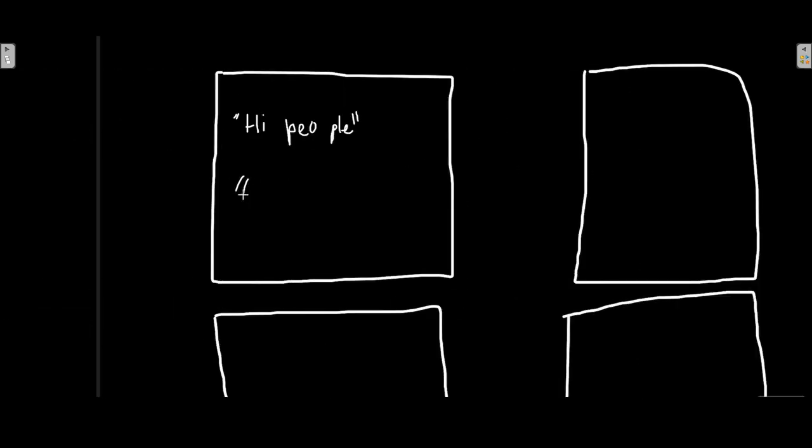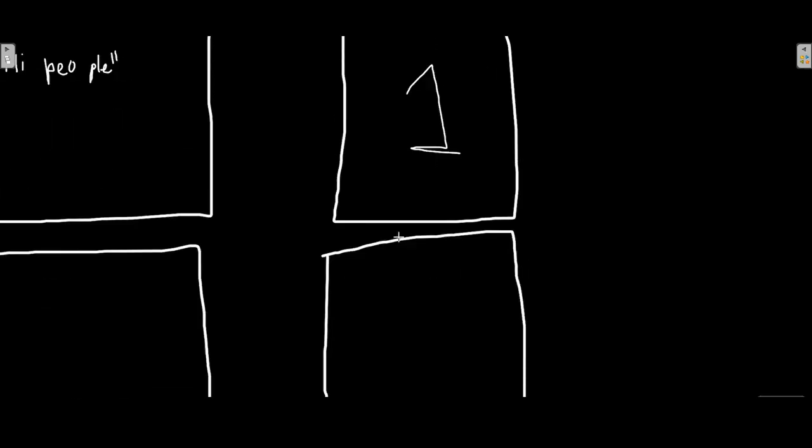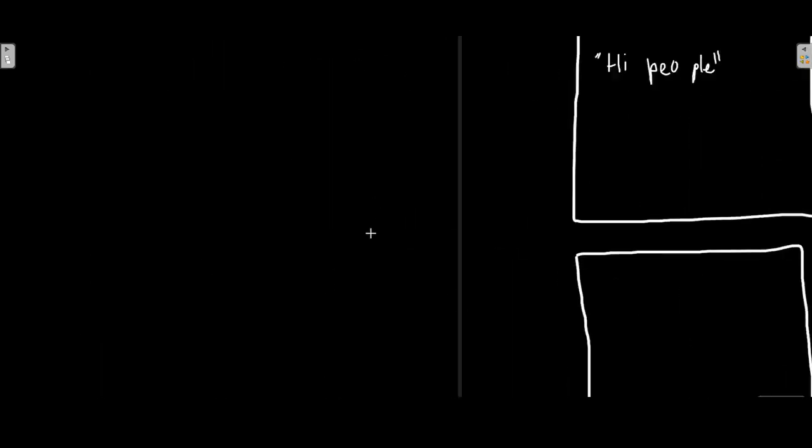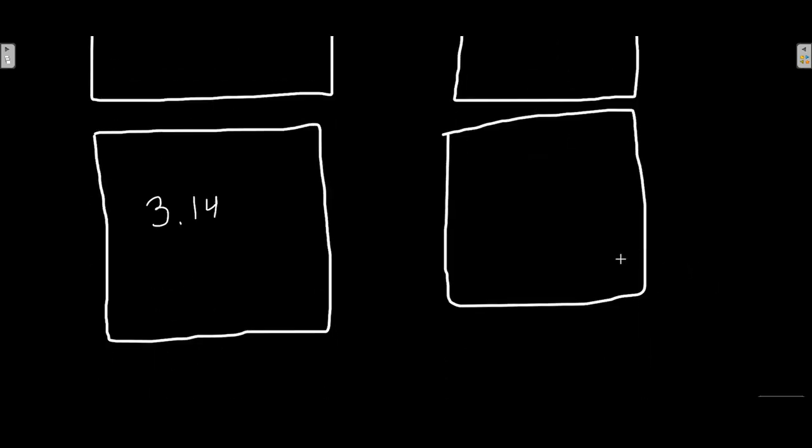Let's put another thing in here. In fact, let's just keep "hi people". In the other box, I want to store a number, so I'm going to put 1 inside of that. And in the third box, I'm going to put a decimal, 3.14.